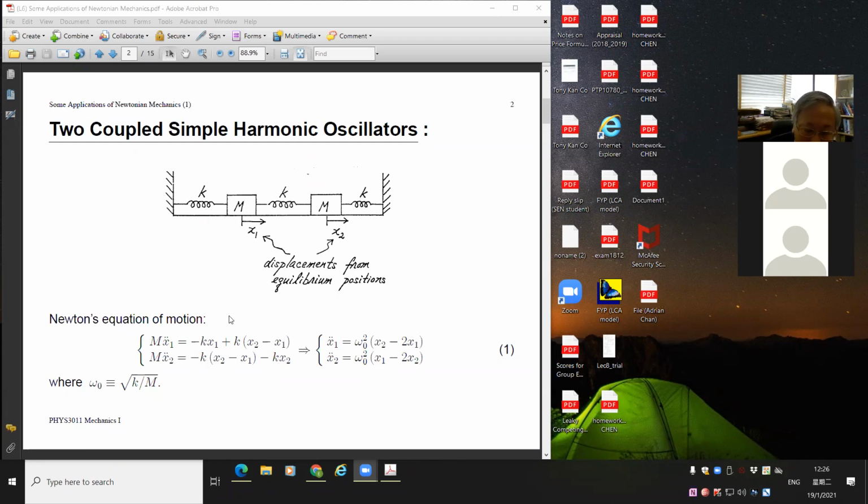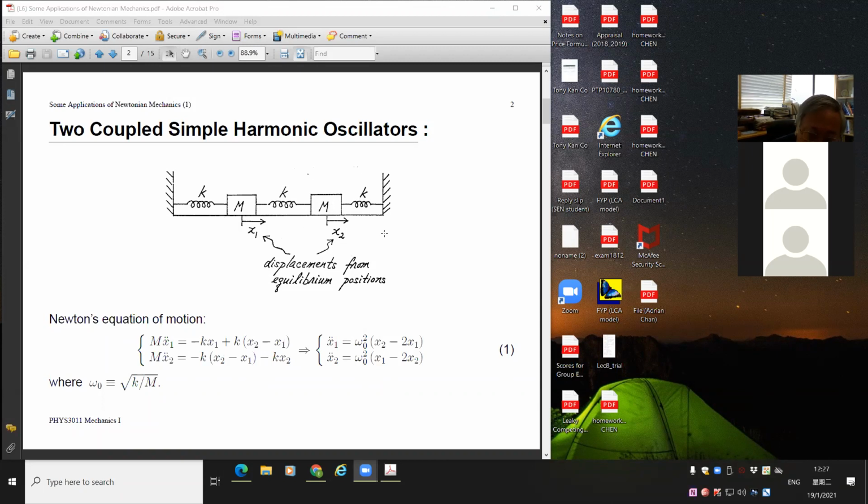On the right-hand side, we have the restoring force applied by the left spring, so we have minus kx1. At the same time, we assume that x2 is such that there is a force pulling block number 1 towards the right. So we have k times (x2 minus x1), the relative displacement, x2 minus x1.